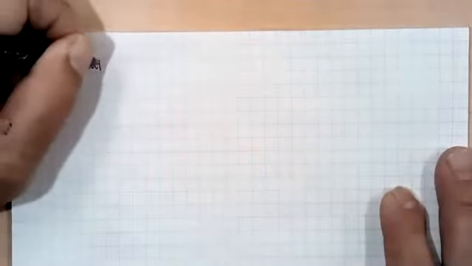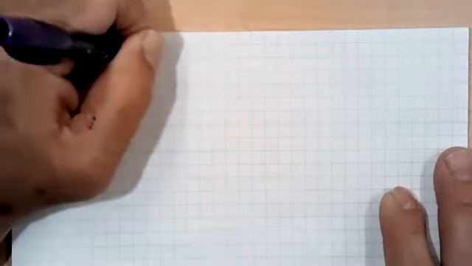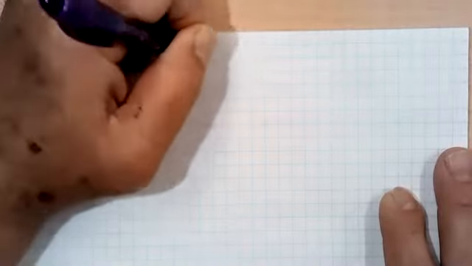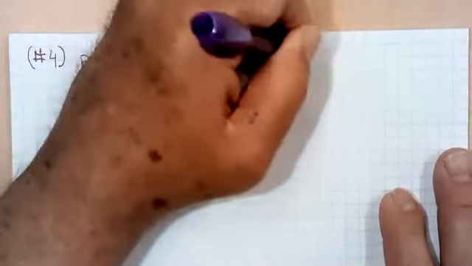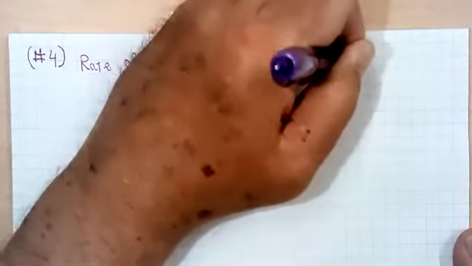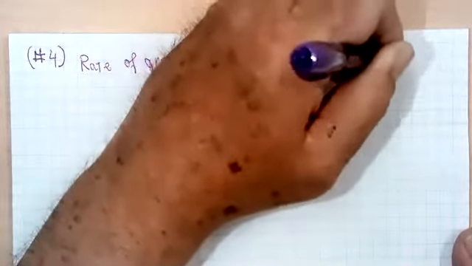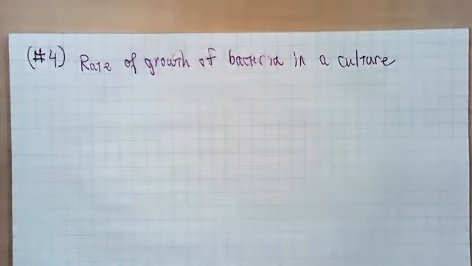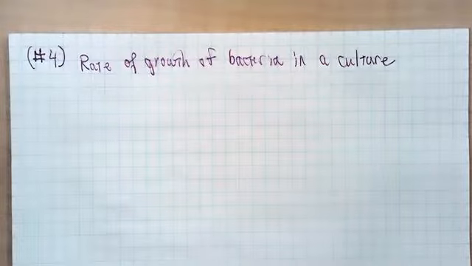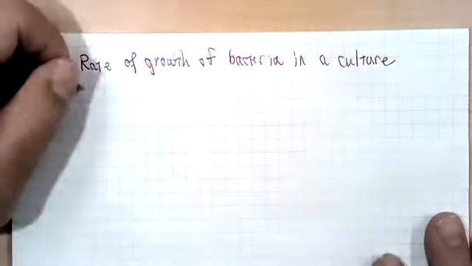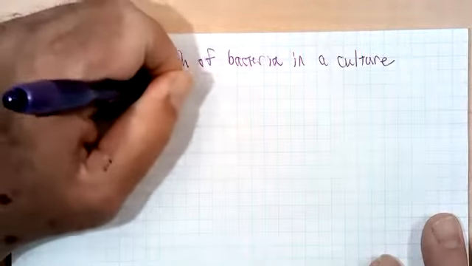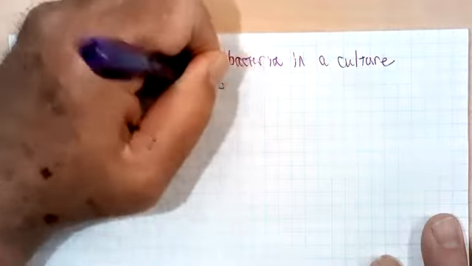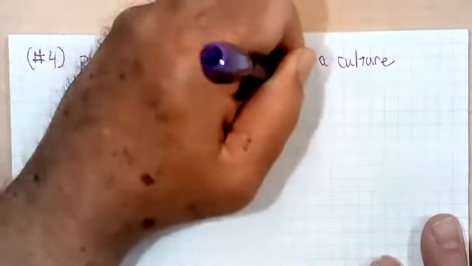The rate of growth of bacteria in a culture, and keep in mind, the culture might be like in your body. It's the same principle. So the rate of growth of bacteria in a culture is proportional to the number of bacteria present.